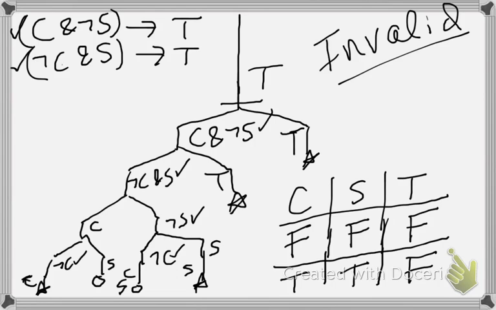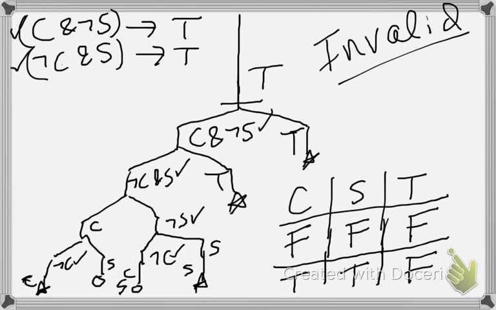If we have C true, but S true, then that makes not S false. And so again, the antecedent of the first conditional is false under the second set of truth values, and so the conditional is true.